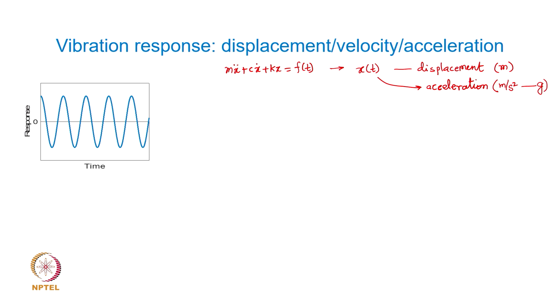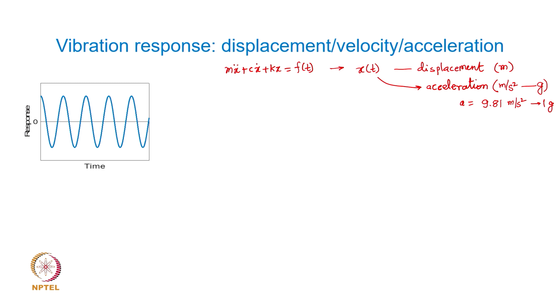Basically it means that if you have 9.81 meters per square second of acceleration value, then that is treated as 1 g of acceleration obviously, right. So, you should be able to convert the acceleration from meters per square second units to g units by simply dividing it by 9.81.